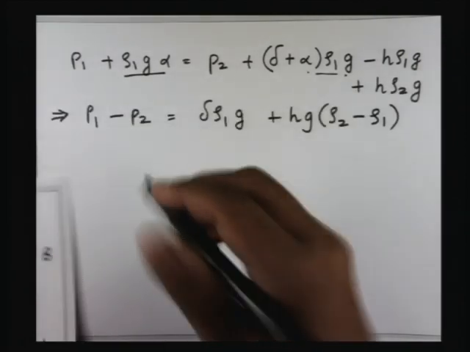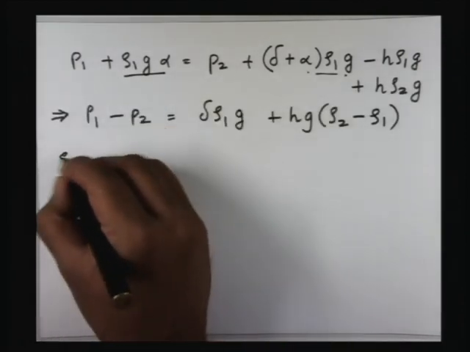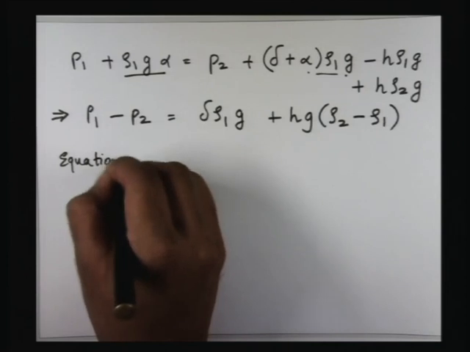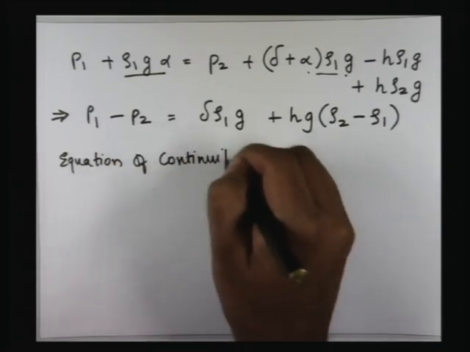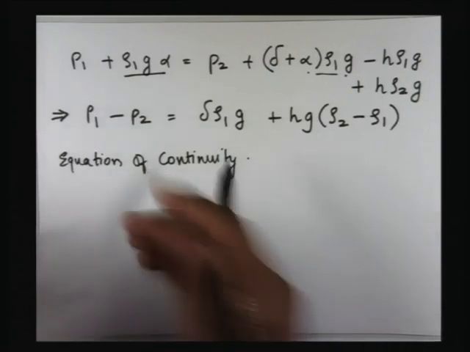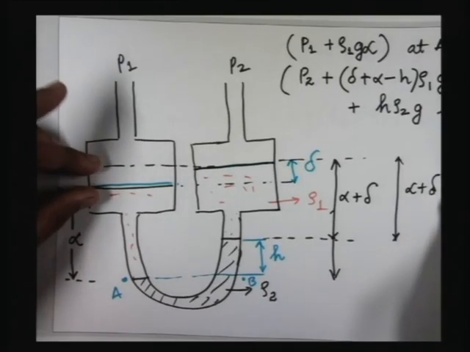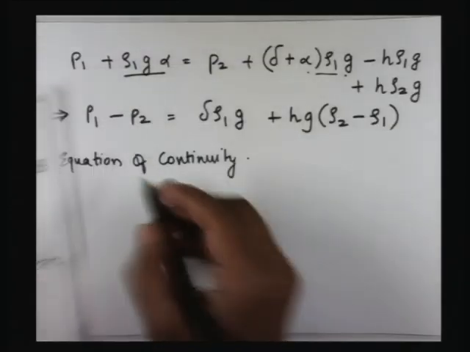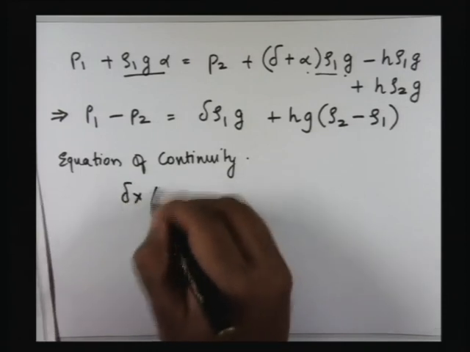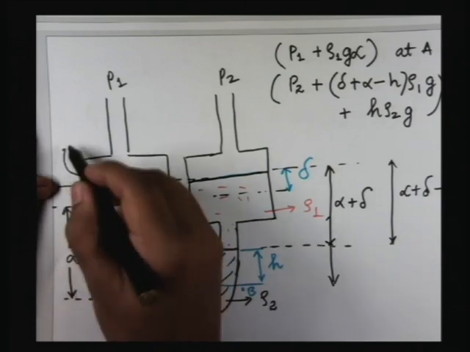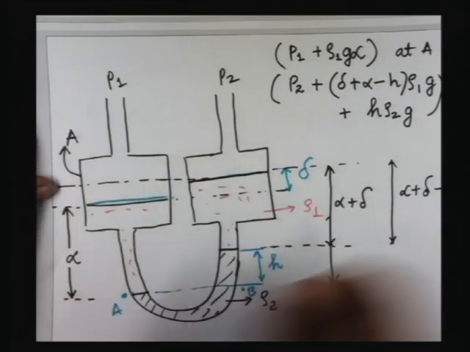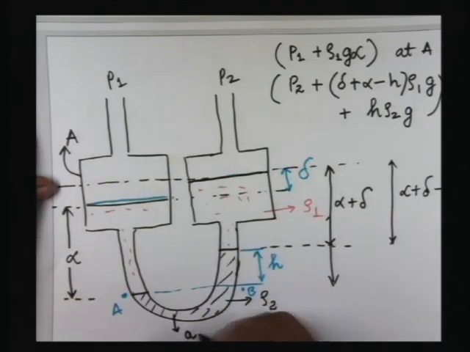Basically this is an equation of continuity. So the volume pushed down in the bigger reservoir is equal to delta into capital A. The area of the reservoir, big reservoir, is capital A, and the area of the limb is small a.